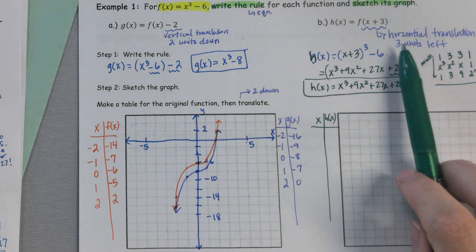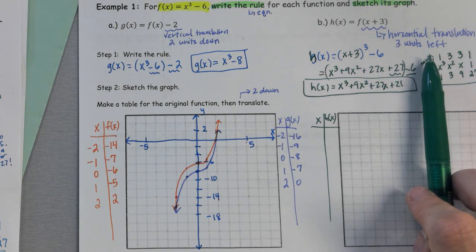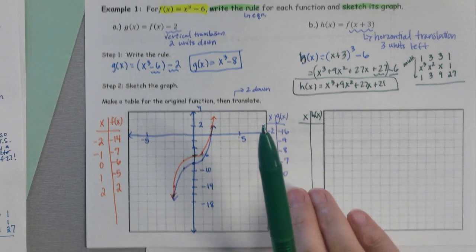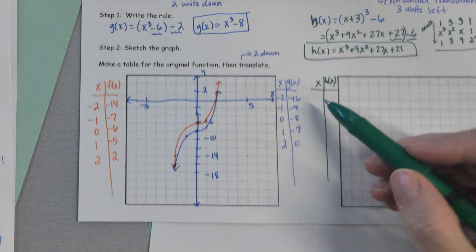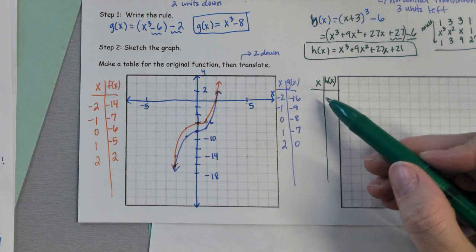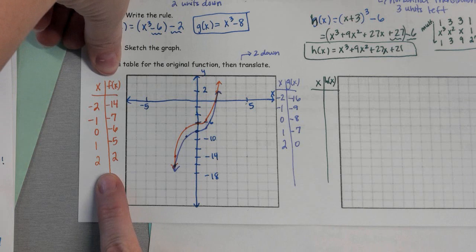Because if it's a horizontal translation 3 units left, what's the only thing that's changing? If you're going 3 to the left, what part is changing? Your x. What do you have to do to all the x's? Subtract 3. So wouldn't that be really, really quick, especially because you already generated these?